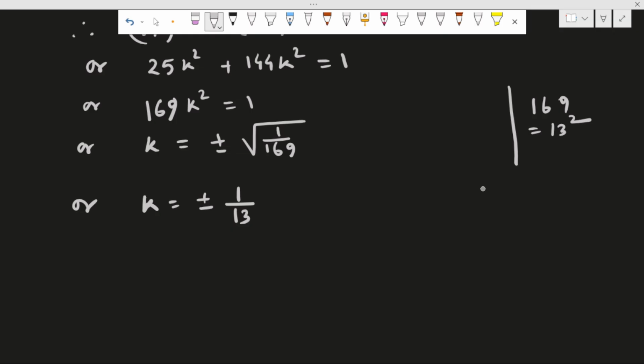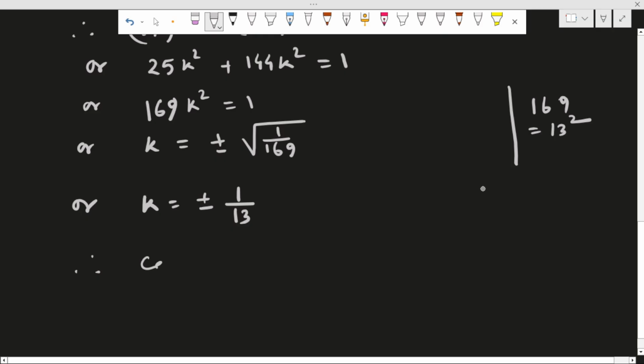What value should we consider? If theta is lying between 0 and 90 degrees, then all trigonometric values are positive. Therefore we may think theta is lying between 0 and 90 degrees.